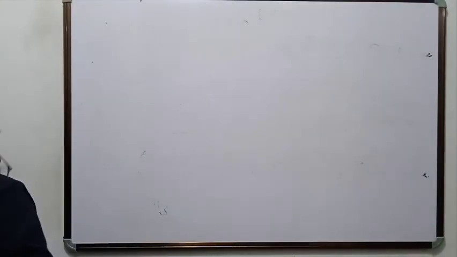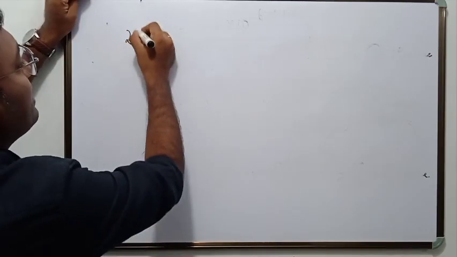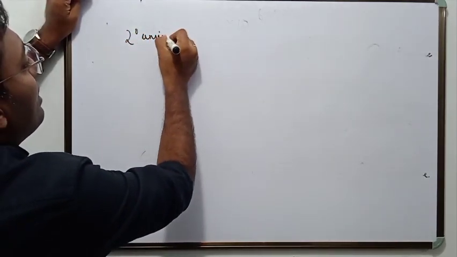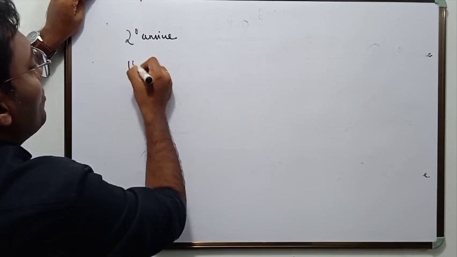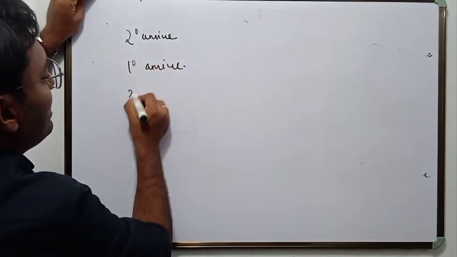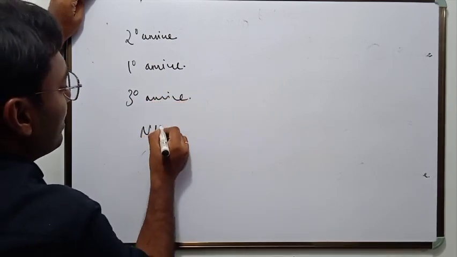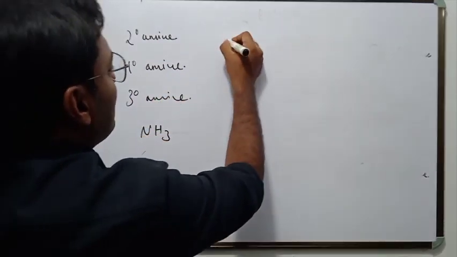The most basic, according to what we have found out, is secondary amine, followed by primary amine, followed by tertiary amine, and last ammonia. So the basicity decreases in this order.